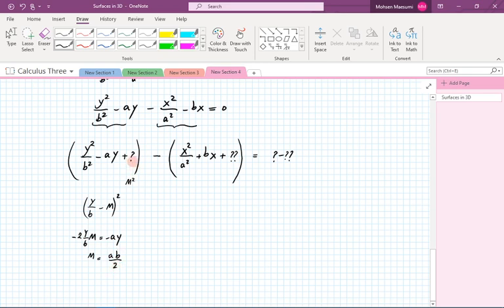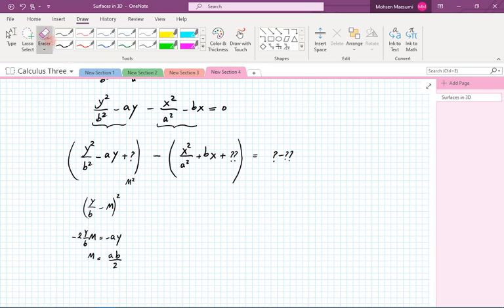So the quantity I am adding here is going to be a squared b squared over 4. Same thing here. You do that here, you'll see that you have to add a squared b squared over 4 here. So you're adding and subtracting the same thing. So on the other side we are going to have just 0.